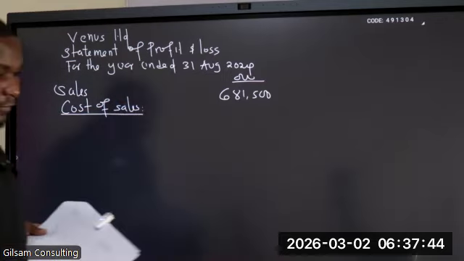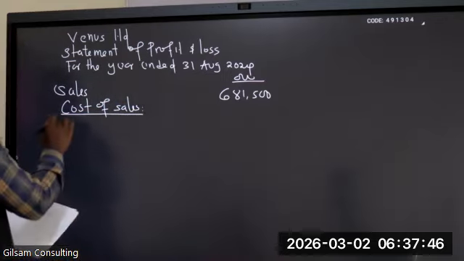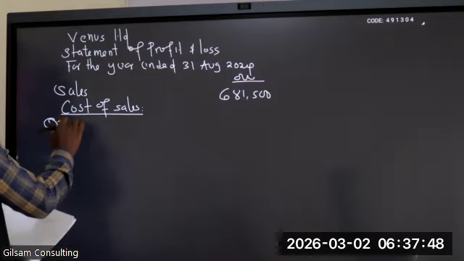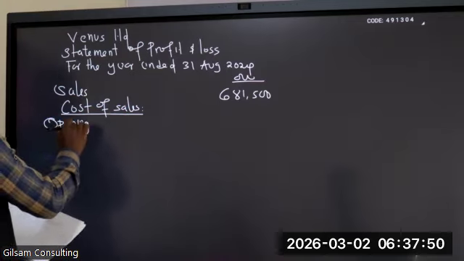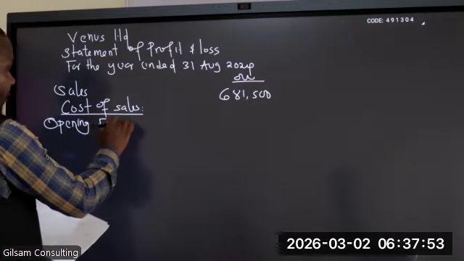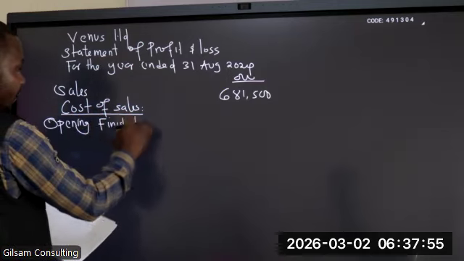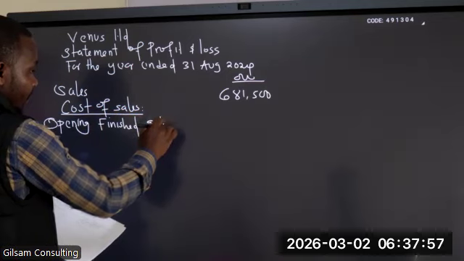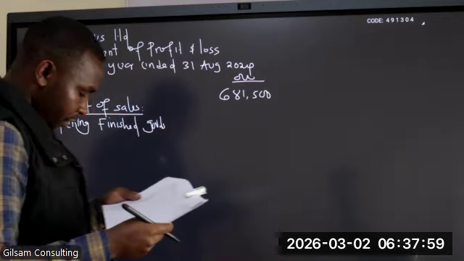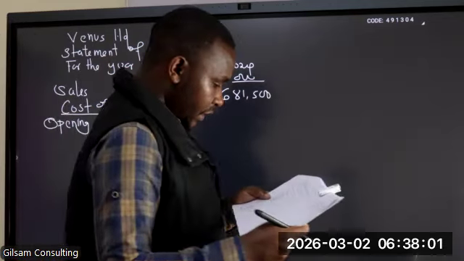So for cost of sales, we start with the opening finished goods, which we have been given in units.